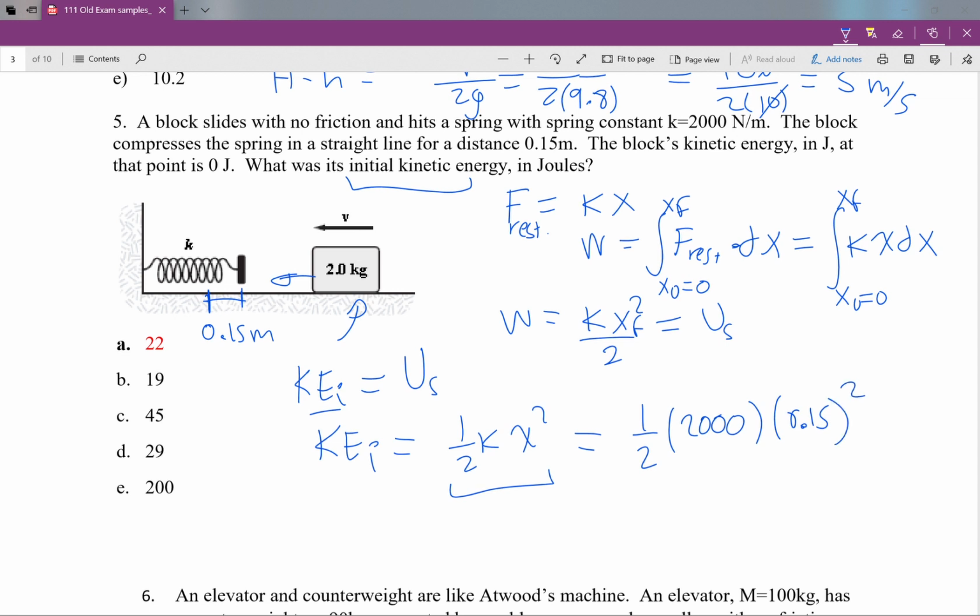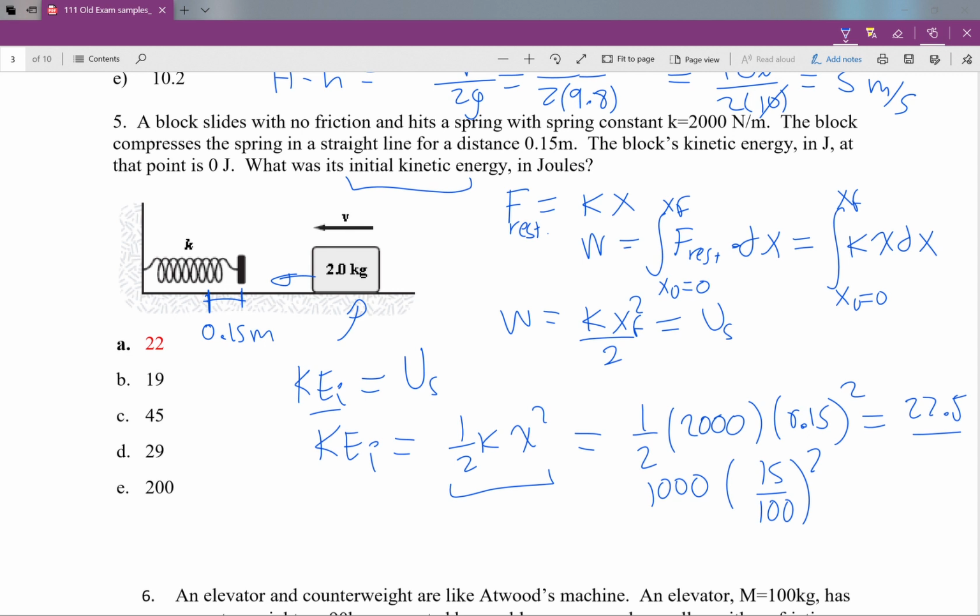That's going to be about 22.5, right? If you do the math, 2,000 over 2 is 1,000. And then if we convert this into a fraction, we have 15 over 100 squared.